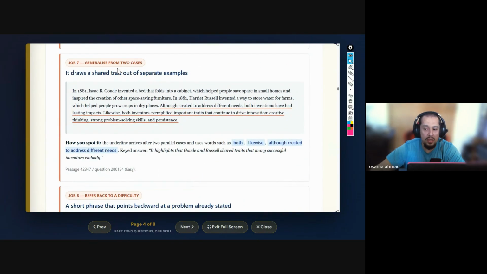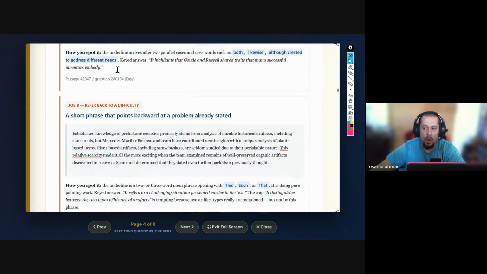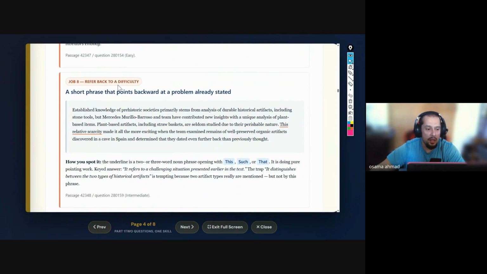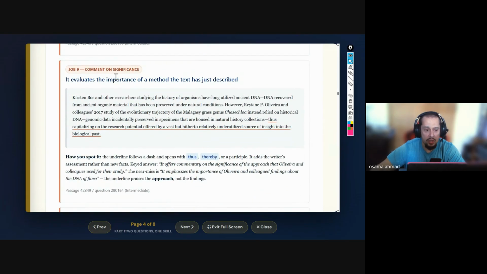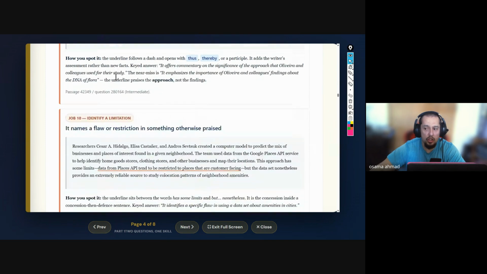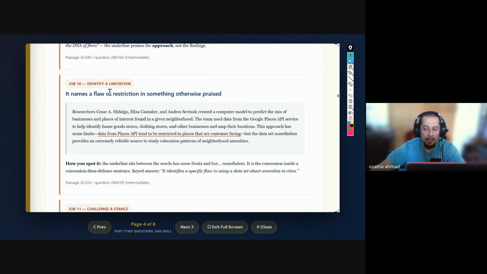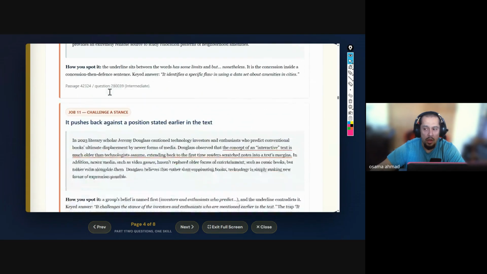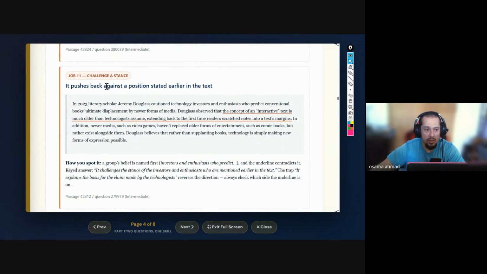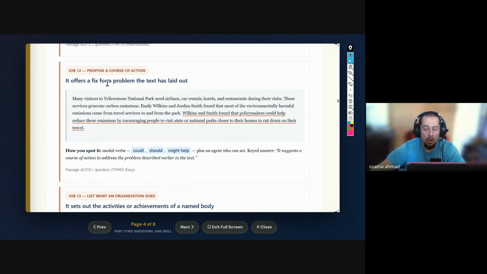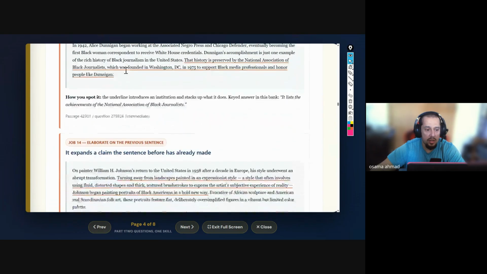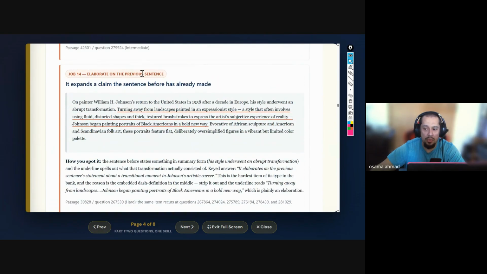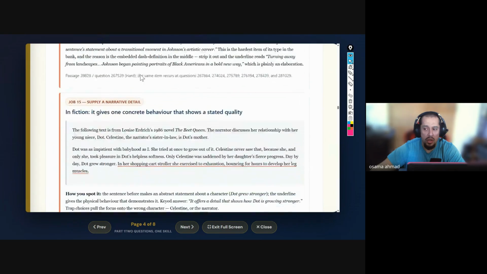Generalize from two cases. Refer back to a difficulty. Comment on significance. These are the jobs. Identify a limitation. Challenge a stance. Propose a course of action. List what an organization does. Elaborate on the previous sentence.